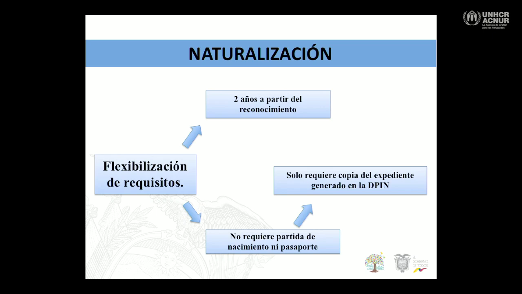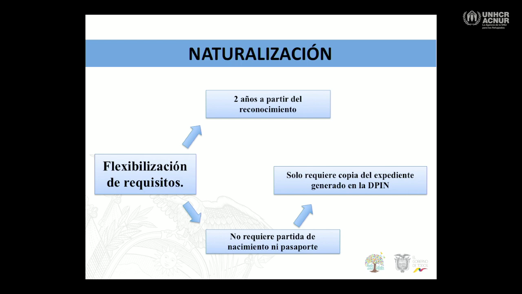Now, in terms of naturalization, here we see some of the requirements that should be met. And amongst them, we have 2 years as of the acknowledgement with the humanitarian visas when they are seekers, and this is under the category of temporary visitor, and then they become temporary residents.